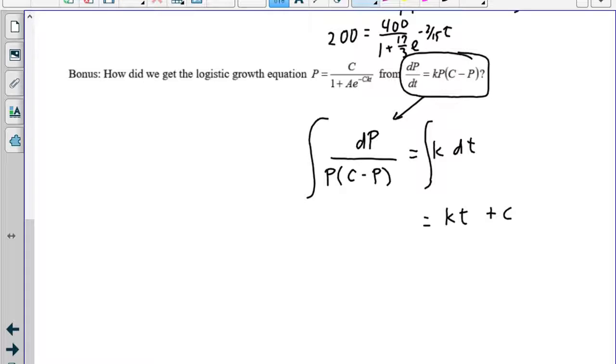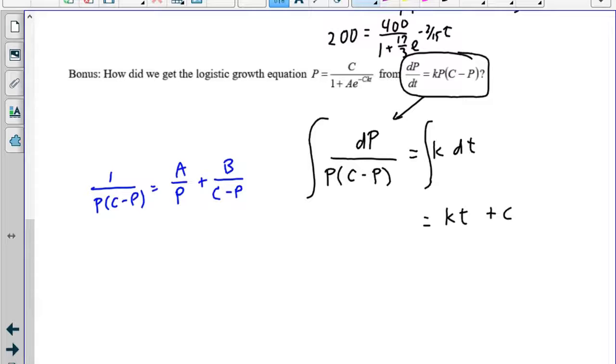The integral of the left side is a little bit more complicated. In order to integrate that, we have to use partial fractions. So if I take a look at the partial fractions, I have 1 over P times (C minus P), and that equals some constant that we're going to find, over P, plus some other constant over (C minus P).